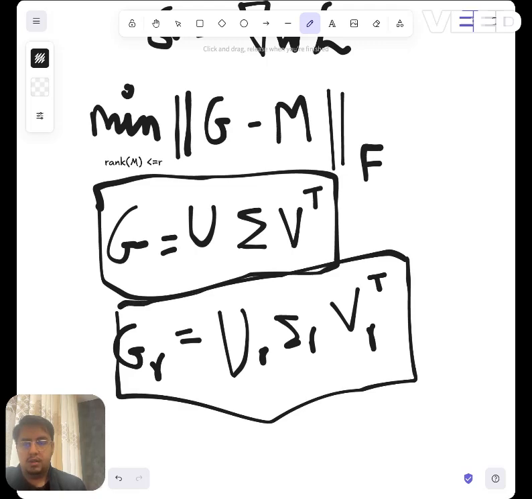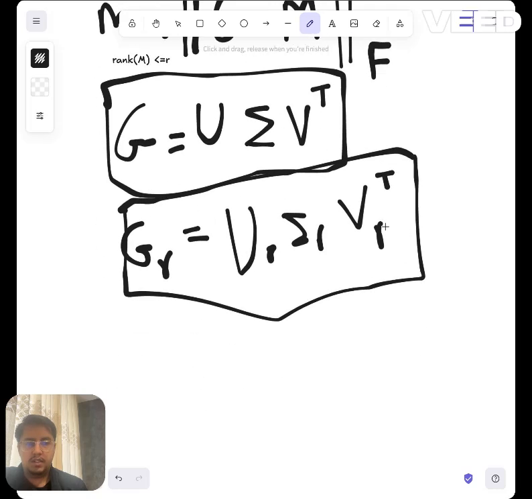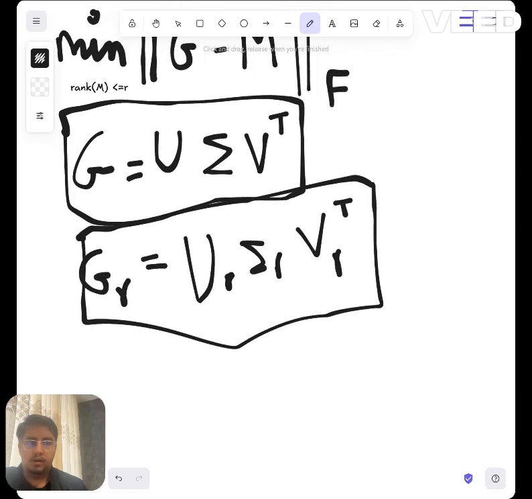So the truncated SVD basically gives us the best possible rank R approximation for the gradient matrix in the Frobenius norm. This has been proven by the Eckart-Young-Mirsky theorem.